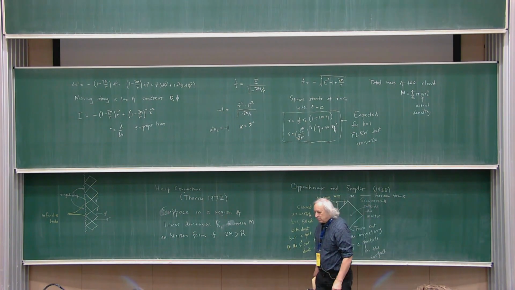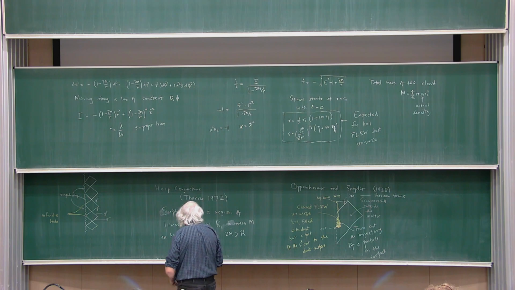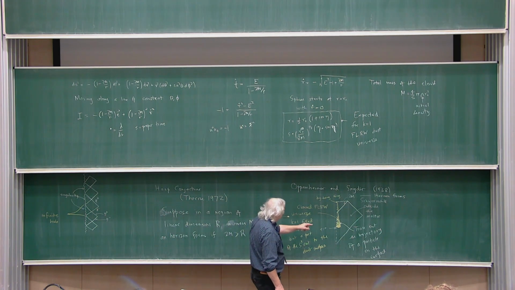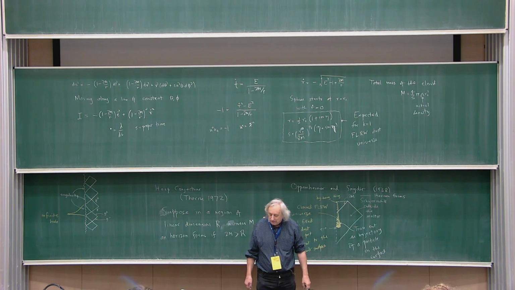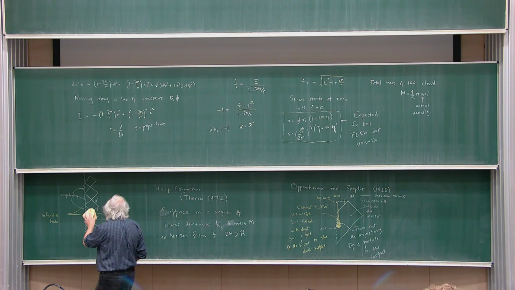So that's how you get gravitational collapse. Now, of course, you might be wondering, I've only told you what r is as a function of eta. Perhaps it's important to understand what t is as a function of eta.